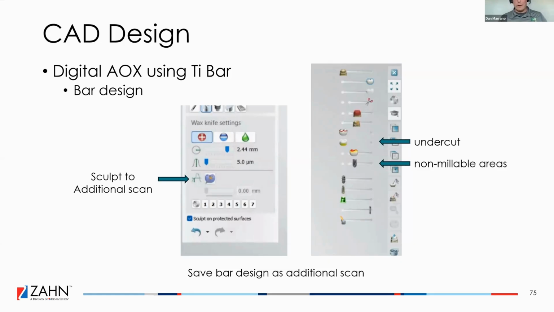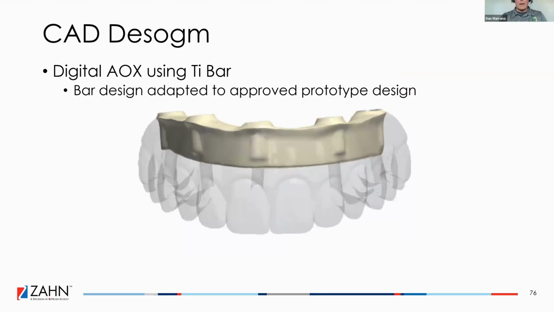I set the non-millable areas somewhere just above 1, and I make sure there's no yellow or red or anything like that in my bar design. And then I do save that before it punches the holes through as an additional scan. And then here's what the bar would look like on this case that we made over the top of the monolithic.